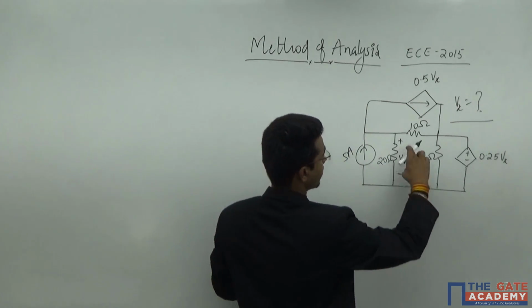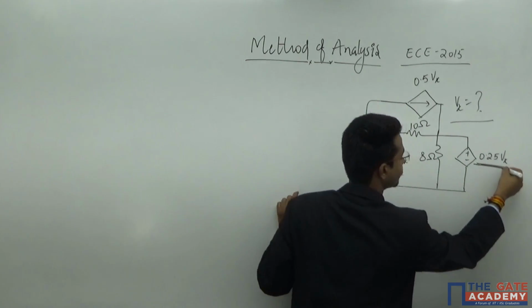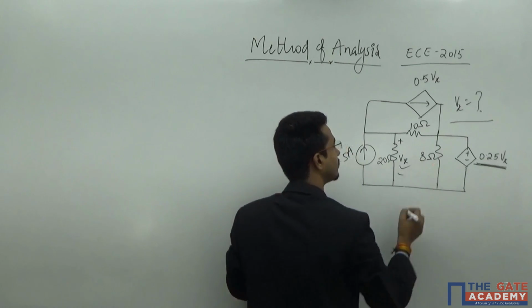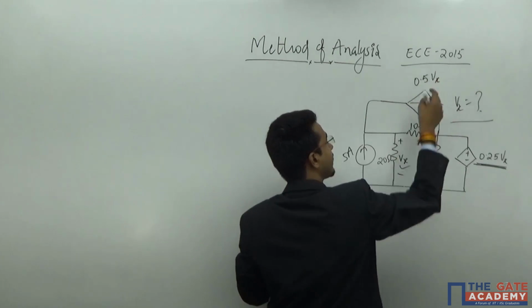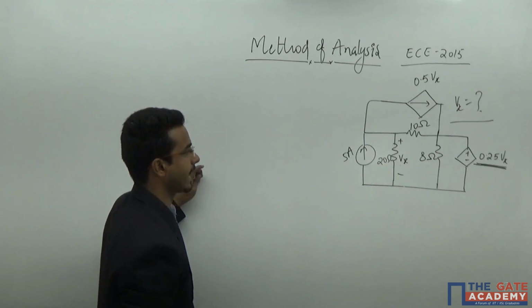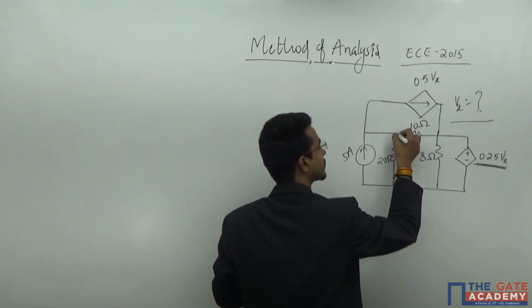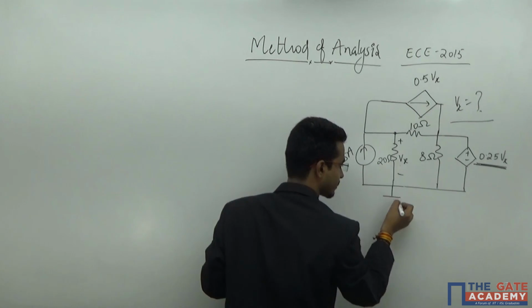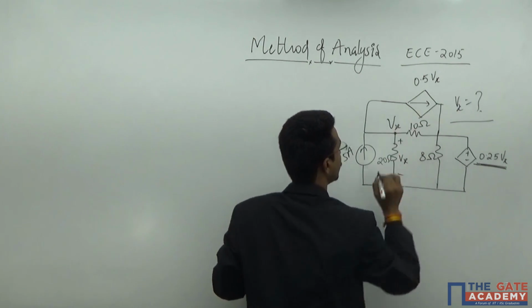I have one dependent variable whose value depends on this Vx, as well as one more source whose value depends on this Vx. If I have decided that this bottom point is ground, then at this point the potential will be Vx.